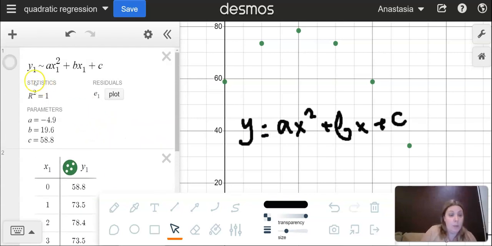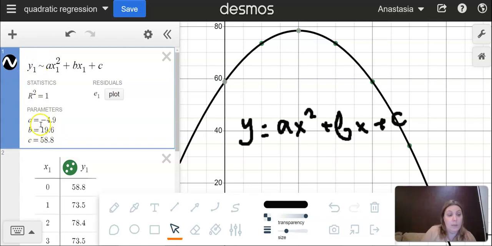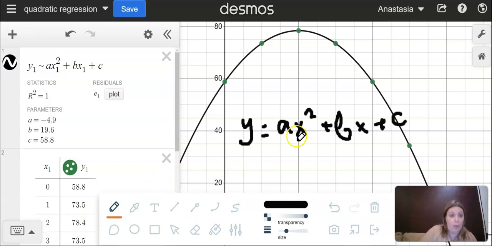So this is exactly what I'm doing: y1 tilde ax1 squared plus bx1 plus c. And when it runs, it gives me the values for A, B, and C. You can also see that it clearly fits my quadratic scatter plot.